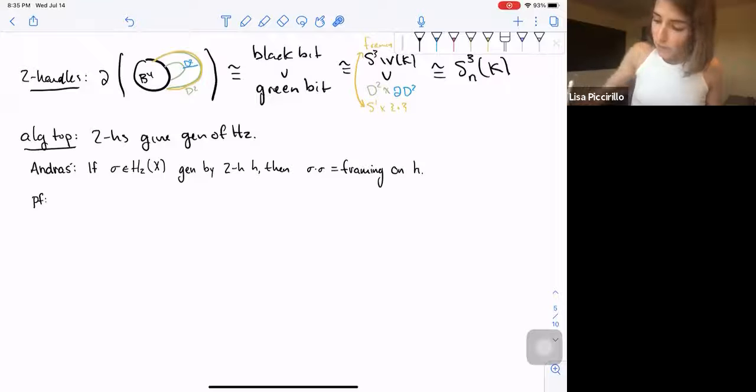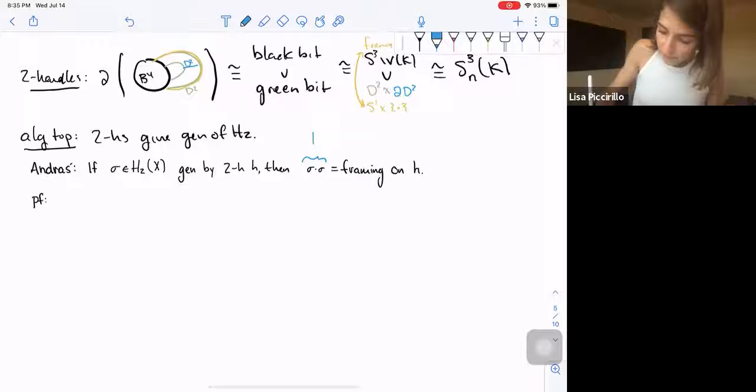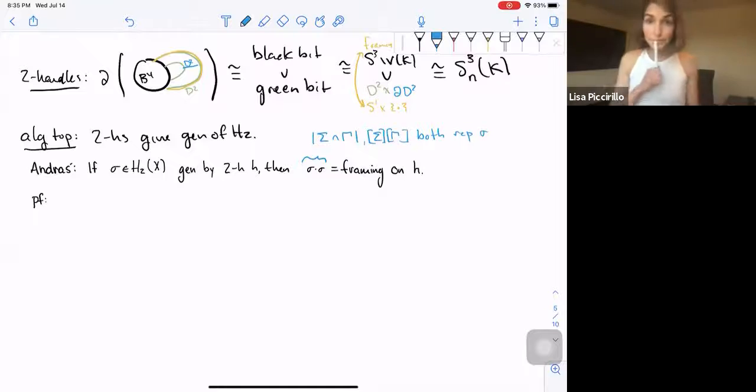Okay, so first, let's make sure we know what we're trying to compute here. What is the self-intersection number of a homology class in a four manifold? Well, it can be written down as the size of the intersection of surfaces, maybe sigma and gamma, where sigma and gamma, their homology classes, both represent little sigma.